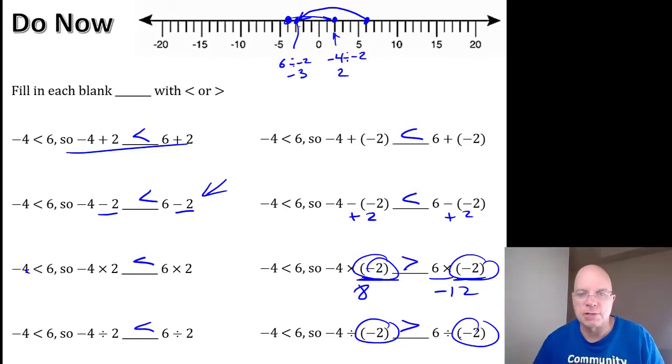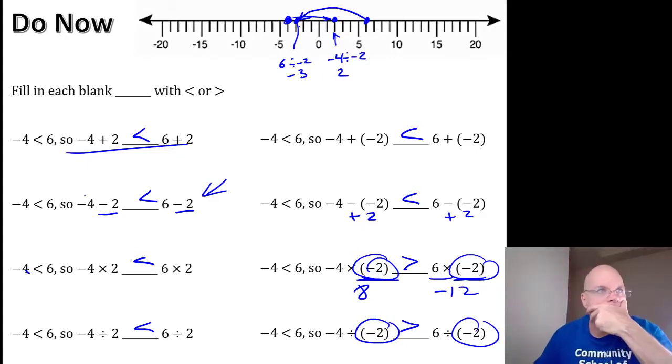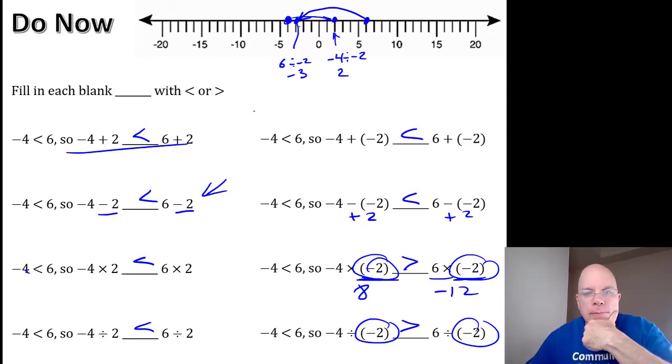Let's just take something even simpler. 5 is greater than 3. But if you do 5 times negative 2, is that greater than 3 times negative 2? 5 times negative 2 is negative 10. 3 times negative 2 is negative 6.